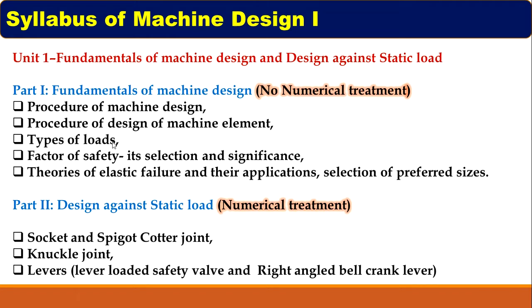For example, a spring: which type of load is it subjected to? If it is subjected to static load, then you have to design it as per the design criteria used for static load, and if it is subjected to variable loads or impact loads, you have to use different criteria. So you must be able to design for various types of loads.